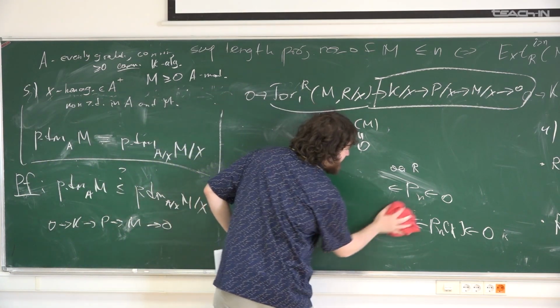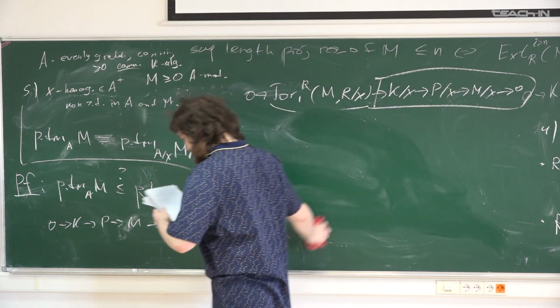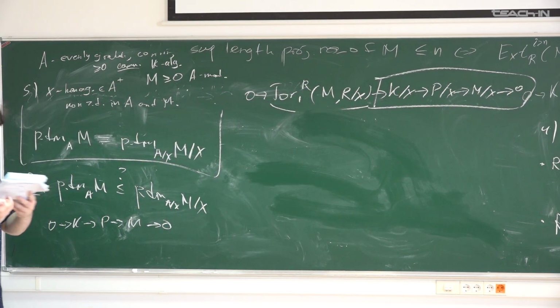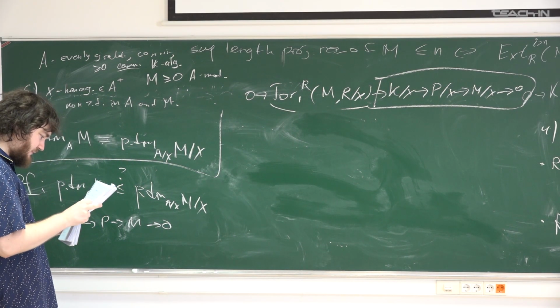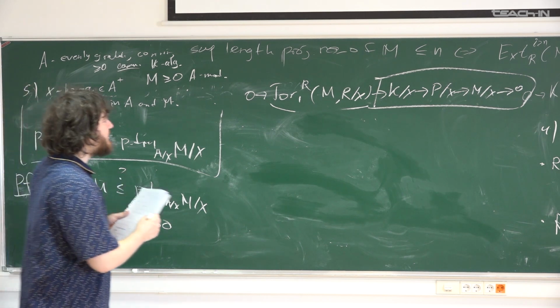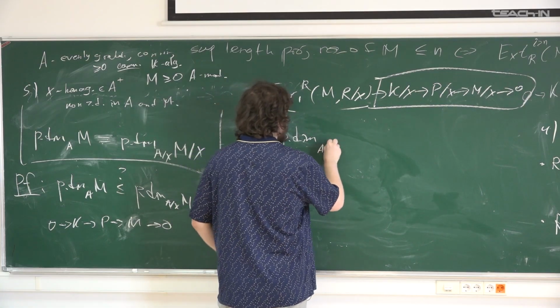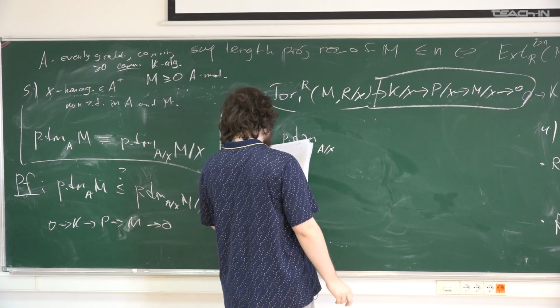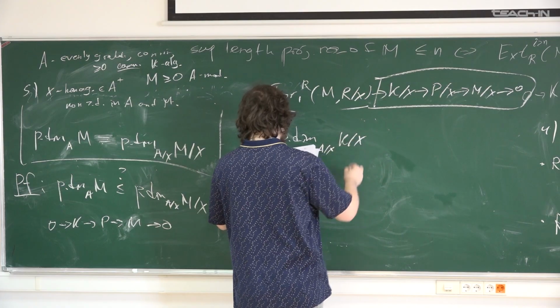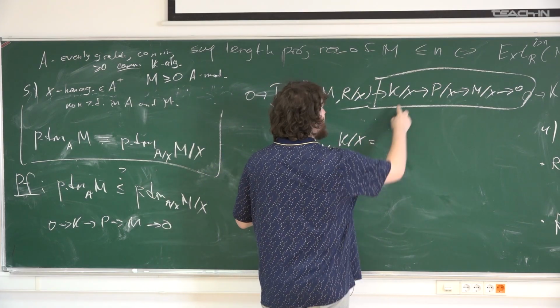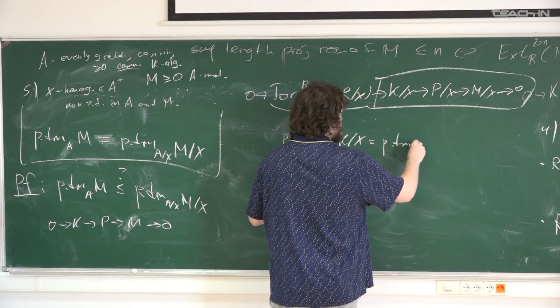This means that the projective dimension over R modulo X of K modulo X is one less than this projective dimension.